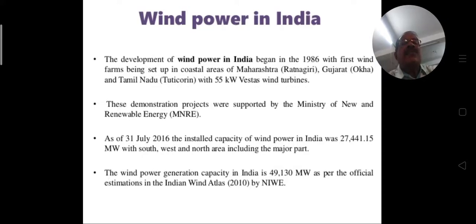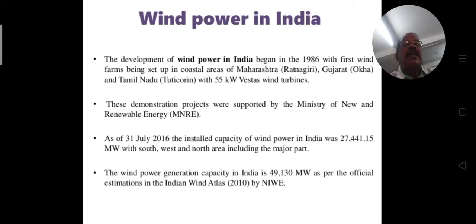And as of 31st July 2006, the installed capacity of wind power in India is 27,441.15 megawatt, with the south, west and north areas including the major part.